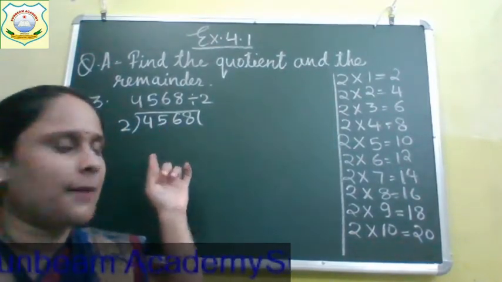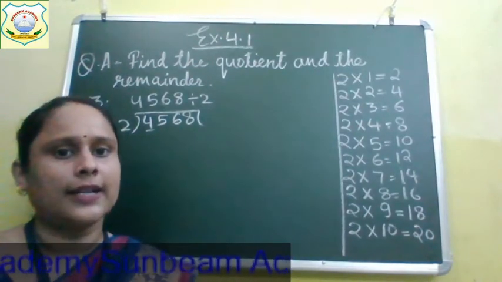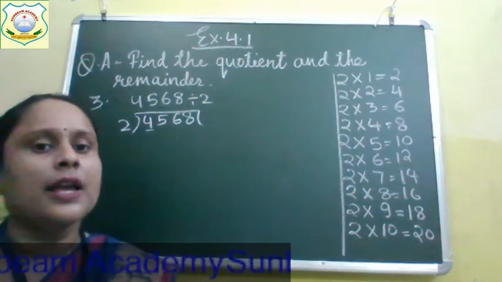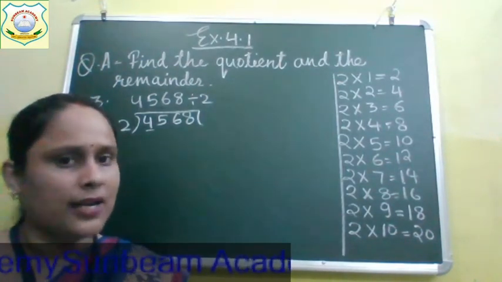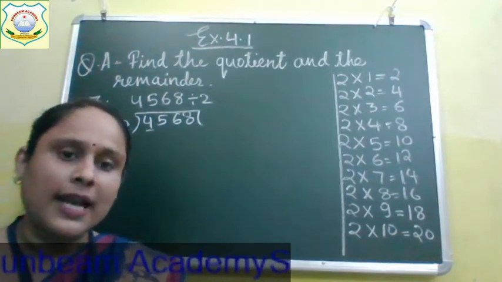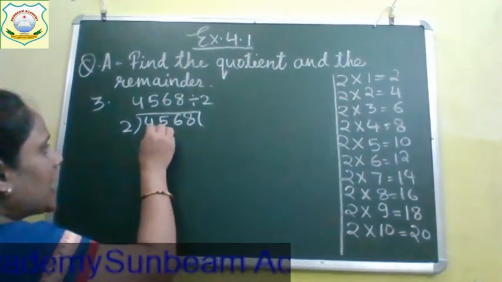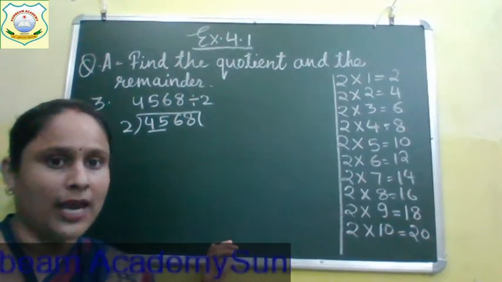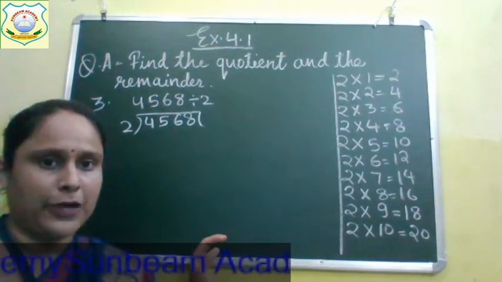If the first number, which is 4 here, were smaller than 2, suppose 1 were given, we cannot divide 1 by 2. In that case, we would have taken these two numbers for division, 15. But in this case, it is not so. So we will take the first number for division.